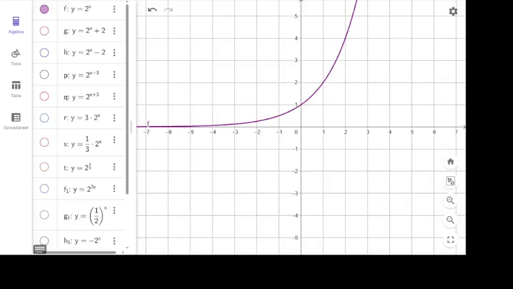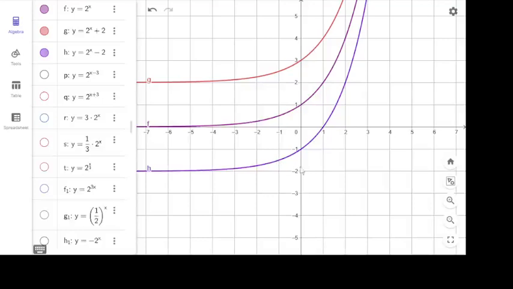Now I want to show if I add a number after my initial exponential function, my graph will be moved up or down. If this number is positive, we'll move up, and if the number is negative, we'll move down. So I will show on the graph here.